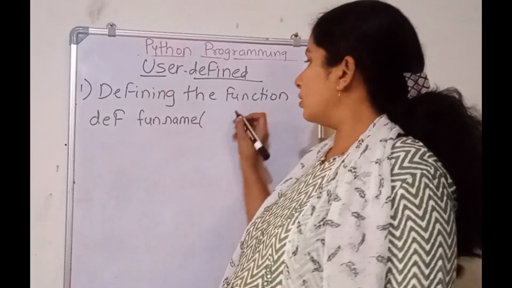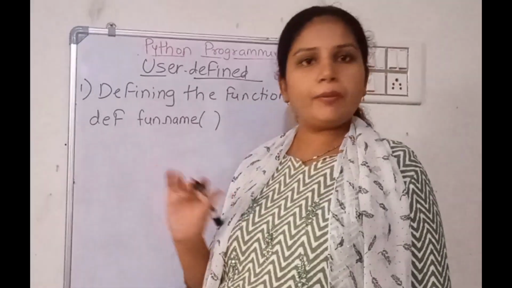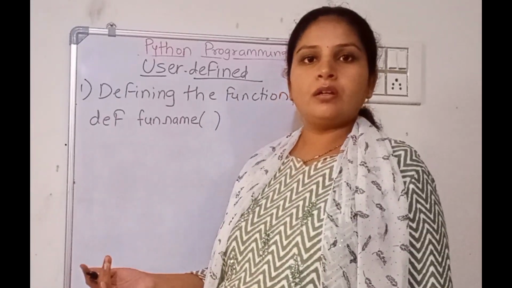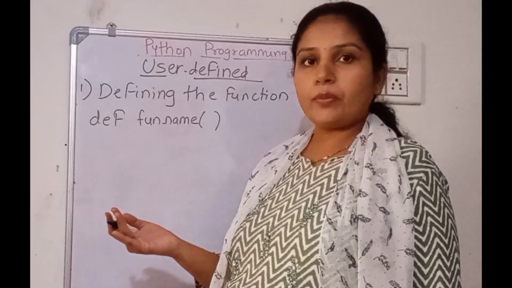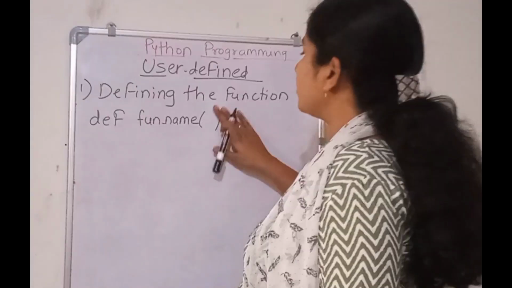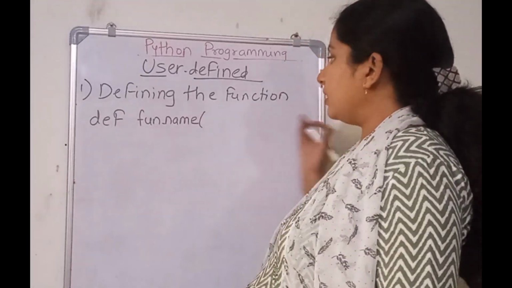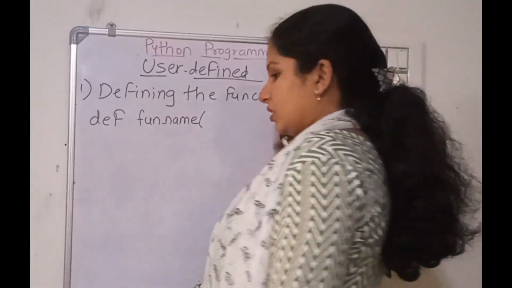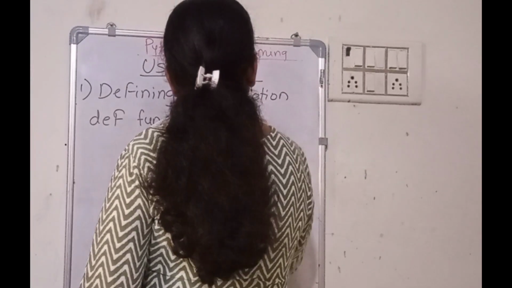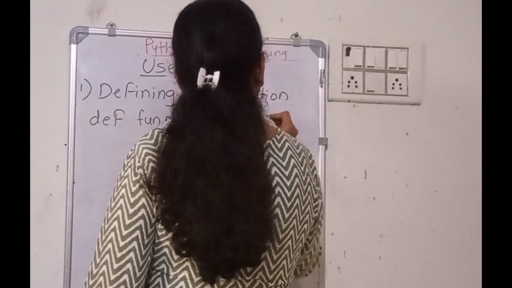Then definition, function name, and bracket. Here either you can go for the empty bracket, it's okay, if you are not passing any argument. But most of the times when we need to pass any kind of value, then here we are going to write the parameter.